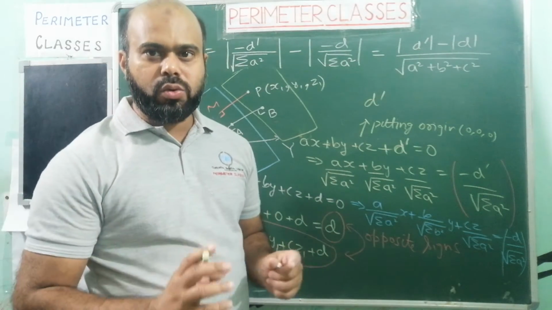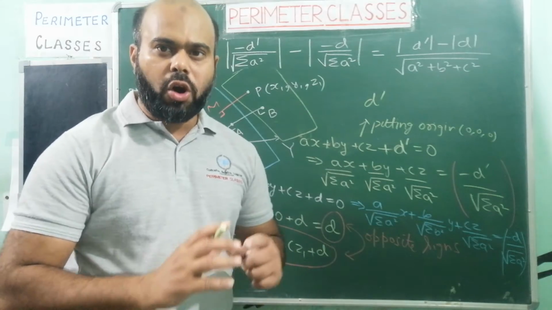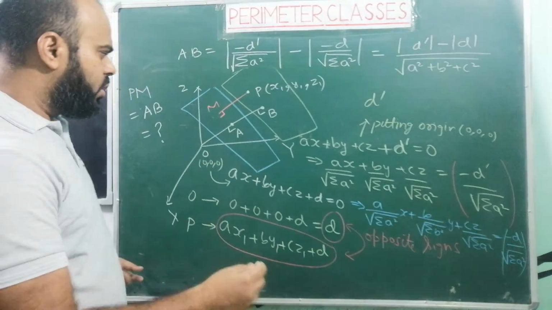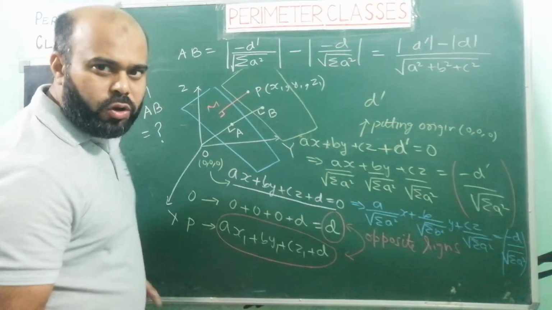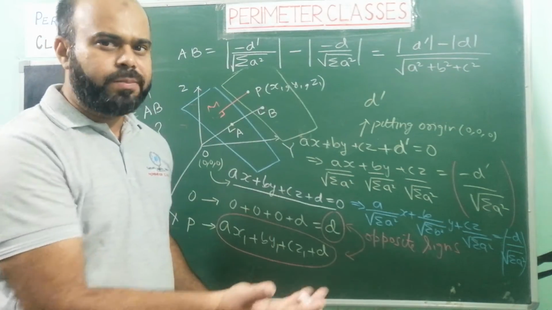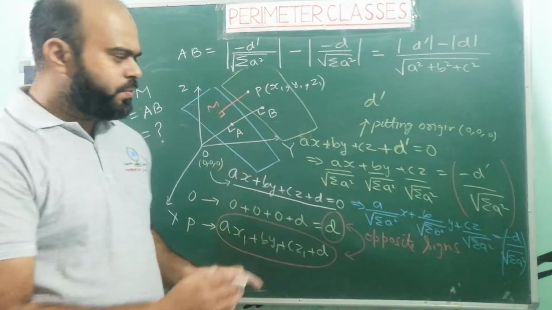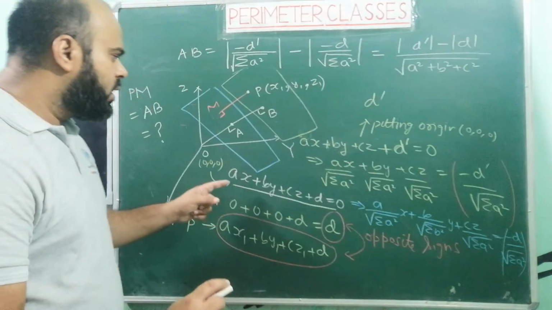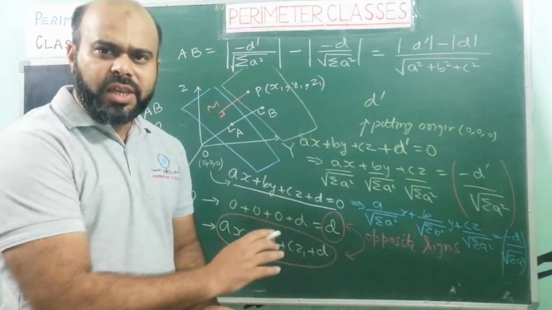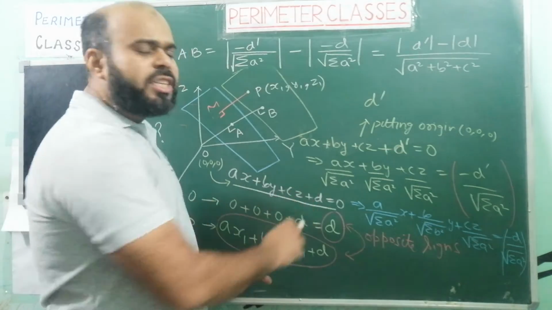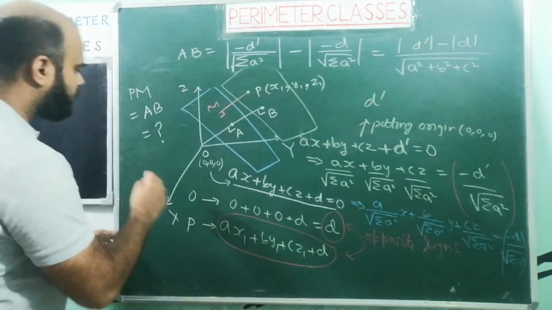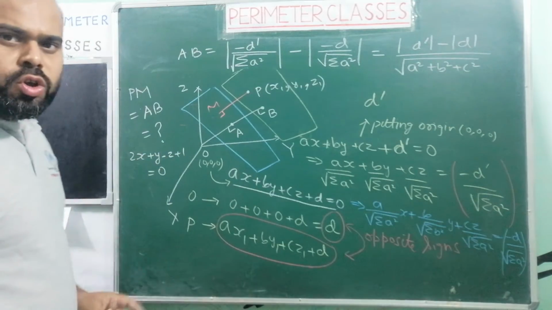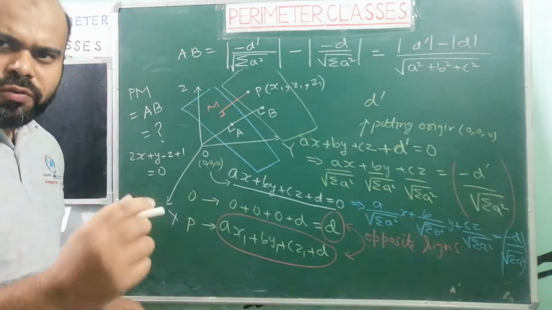So we can make an assumption here, which will not be wrong: whatever the original equation of this blue plane was, after doing the changes, we can definitely make d negative. If d is already negative, we don't have to do anything. But if d is positive, for example 2x plus y minus z plus 1 equal to 0, so d is plus 1, we can make a change.